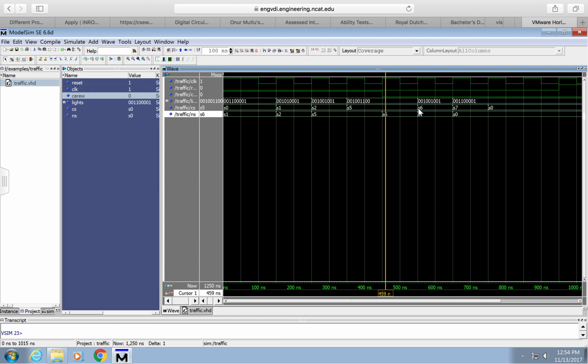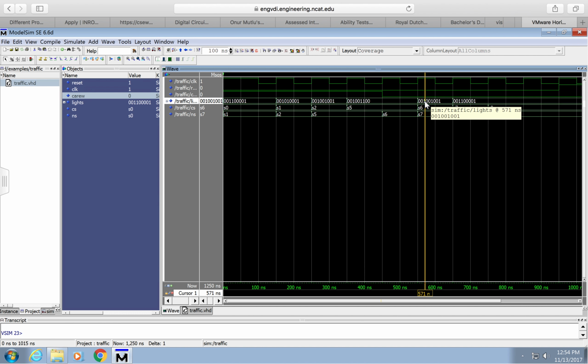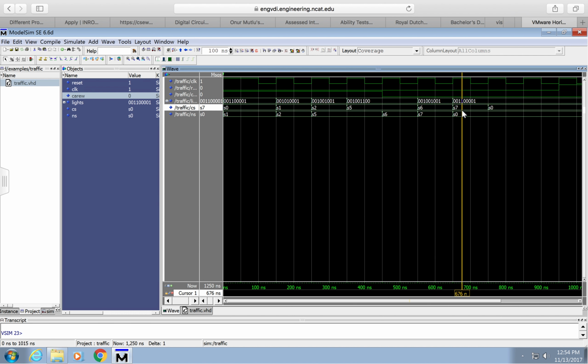When I'm at state 6, and it didn't detect a car, which means I receive a 0, it will go to state 7, where I will have an output of 001, 001, 001, where it will remain red for all of them. When I'm in state 7, it should go back to state 0, where it should be red on the north and south, green on the east and west, and red on the turning lane. Then it goes back to state 0.